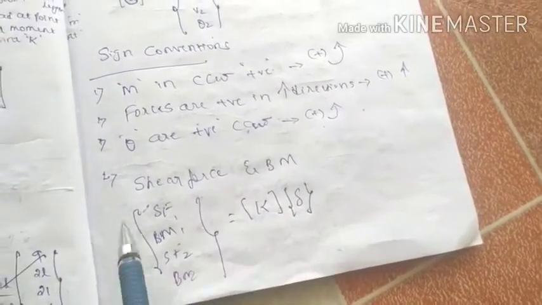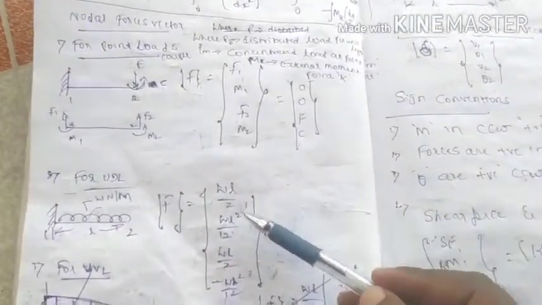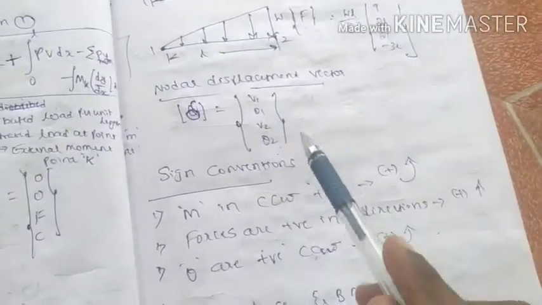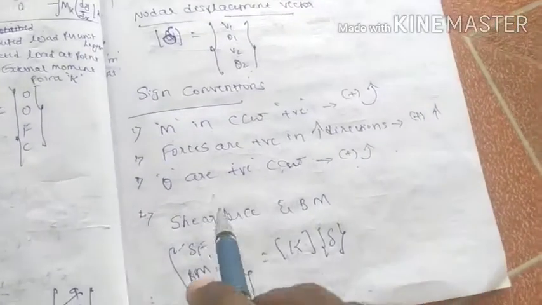So you have to memorize properly the nodal force vector for each different load condition as well as the sign conventions. Now based on this we will move to the numerical problems.